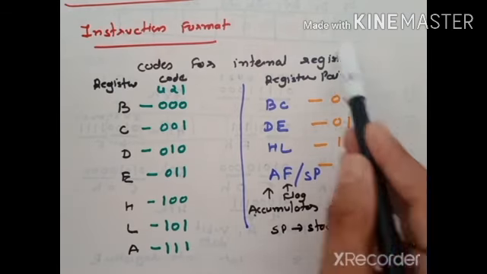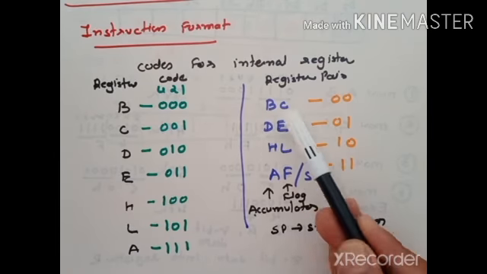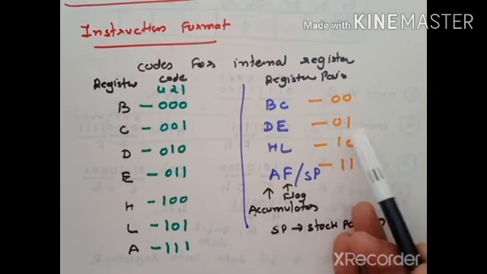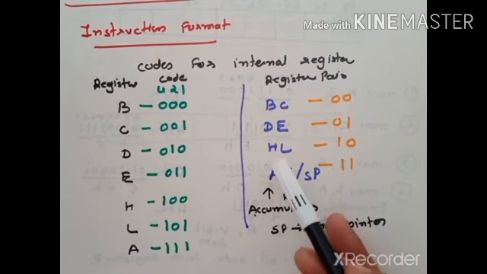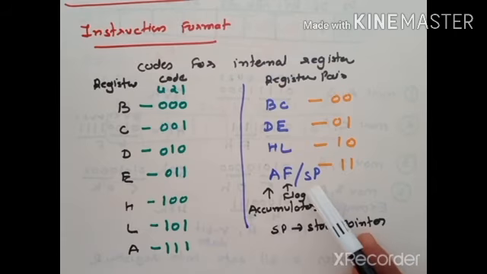Suppose we use a register pair, the equivalent code of register pair BC is 00, DE is 01, HL pair is 10, then AF, that means accumulator and flag, or SP, that means stack pointer, the code is 11.